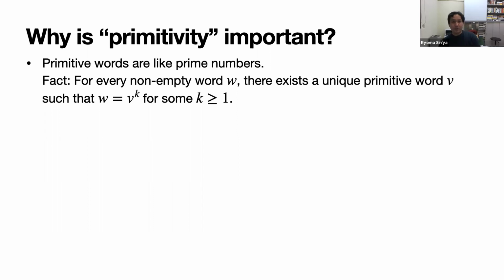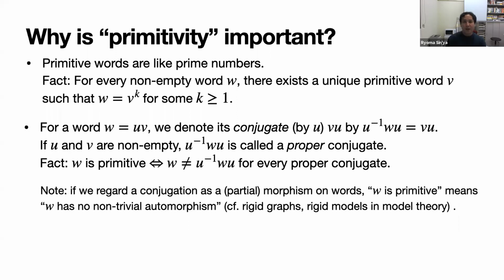Here is another characterization of primitivity using the notion of conjugation. For a word W of the form UV, we denote its conjugate by U inverse W U, which means removing the prefix U and adding U as a suffix, and then we obtain VU as a conjugate of W by U. If U and V are non-empty, then this conjugate is called a proper conjugate.